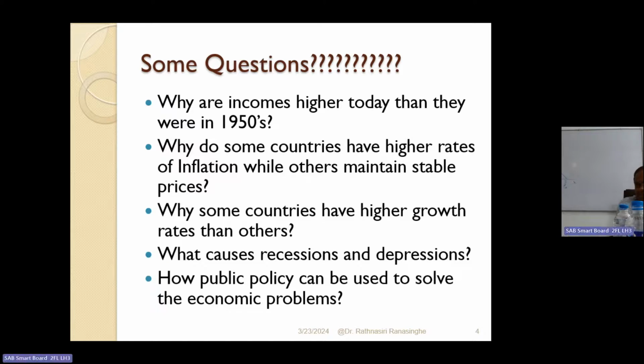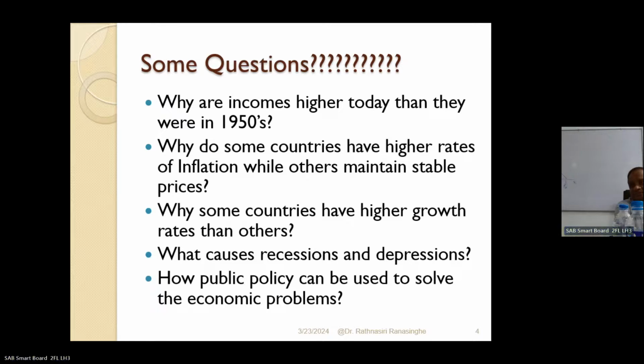It was around $152 in 1950. Now it is how much? $3,700. That's the main thing.